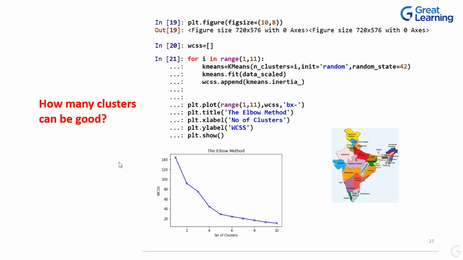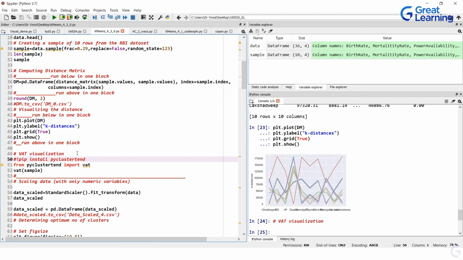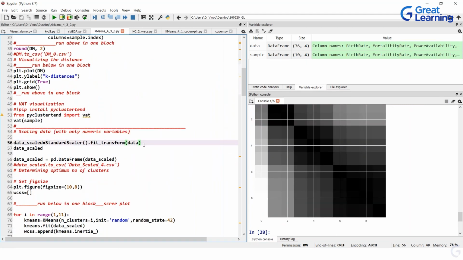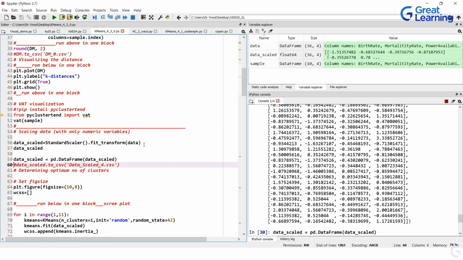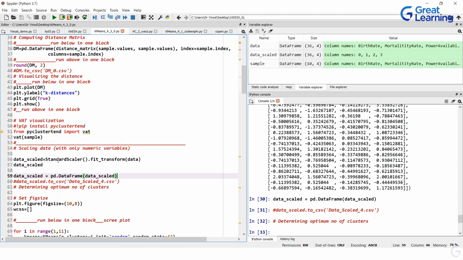How many clusters are good? So we plot a tree plot like this. Here we had done scaling. And what I always do, the moment I create a data, this can be a good thing for you all, I convert that data into a data frame, data scale, for example, here.